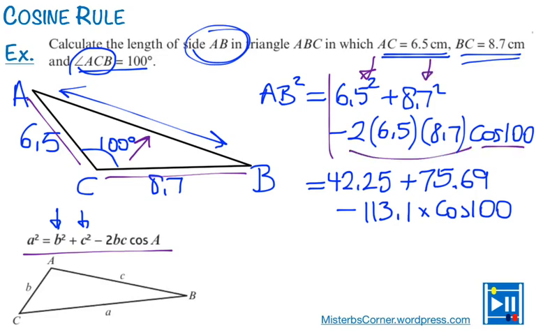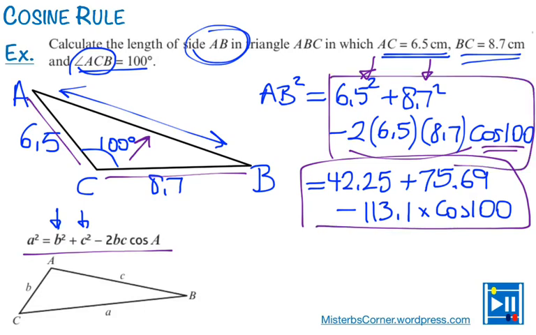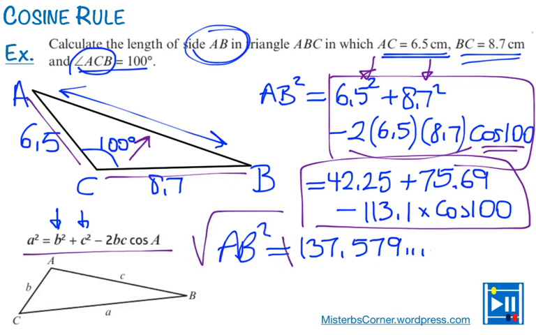We know that cosine 100 will give us a decimal, right? So if you'd like, you can have this mid-step here. If you'd like, you can write the full sentence and write the answer. So we have 137.579 and so on when you do the calculation. And this is AB squared. So I have to take the square root of both sides.